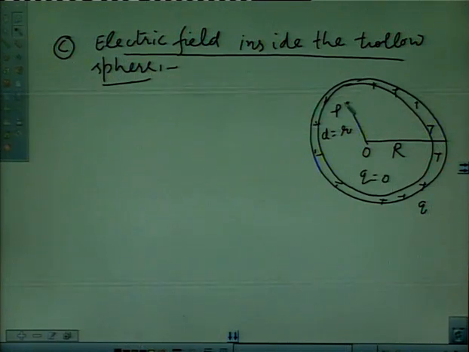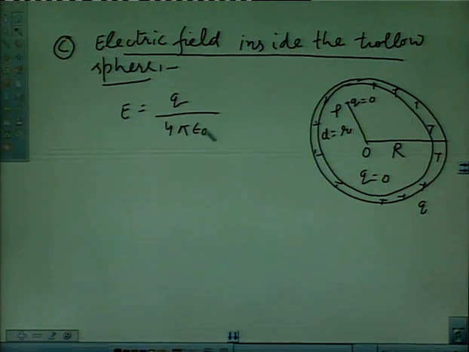So when we talk about the point P, at this point also q is 0. Now since E is equal to q upon 4 pi epsilon naught into distance square, since q is equal to 0, E is also 0. So the electric field inside the hollow sphere is 0.